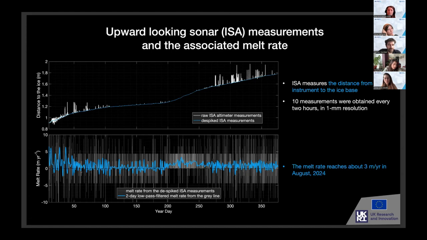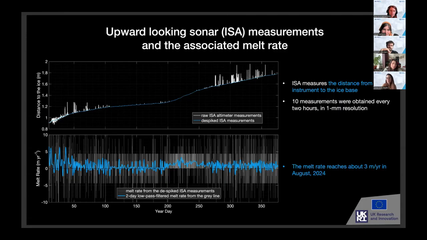We do acknowledge that this line is still very noisy, but from this upper panel, we can see that the distance to the ice base changed dramatically in this bit, proving that when we had this warm water intrusion, this high melt rate signal was real. It was not an artifact.